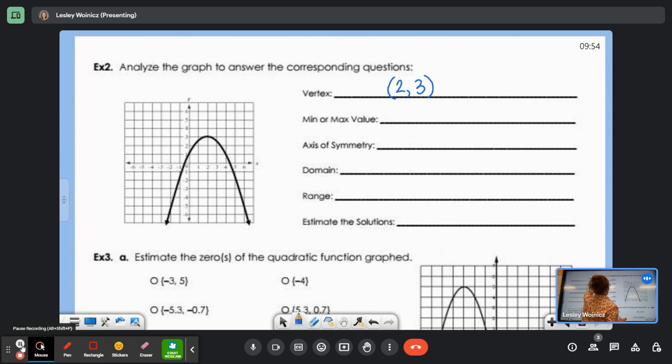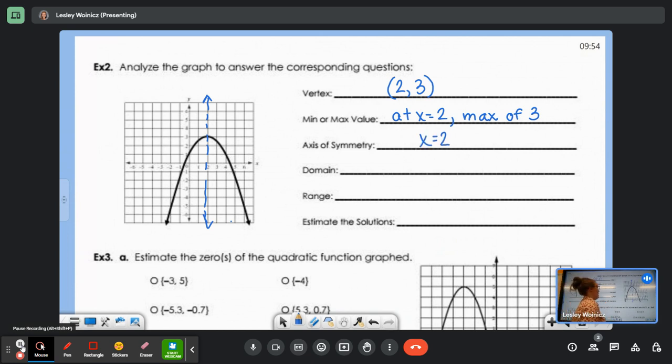So we say at x equals 2, we have a maximum of 3. The axis of symmetry is the vertical line that chops my parabola in half. Because it's vertical, it'll be an x equals equation. You can see that it's 2 that x equals. So it's x equals 2.